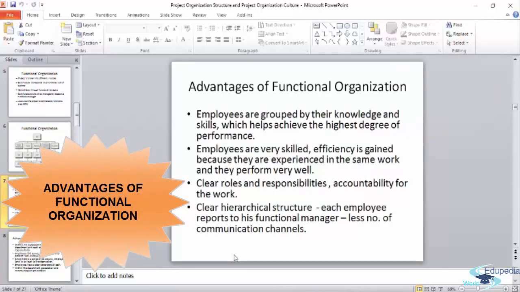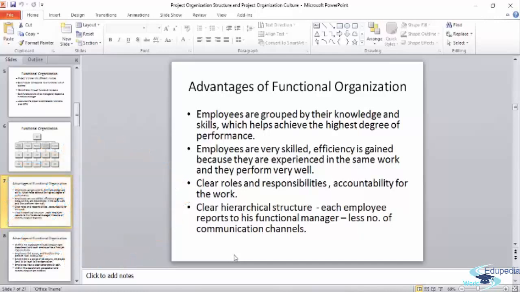What are the advantages of a functional organization? Here, the employees are grouped by their knowledge and skills, so it helps achieve the highest degree of performance. In the project, you have very high expertise because you have people who have worked in that functional area for years, the most knowledgeable people, and they do a better job and provide a high degree of performance.